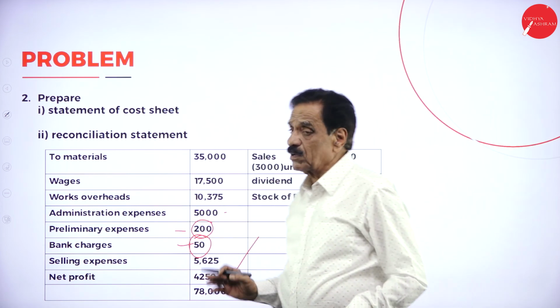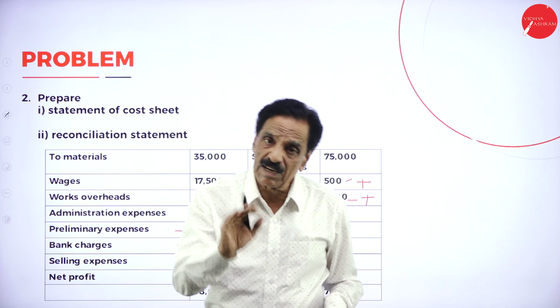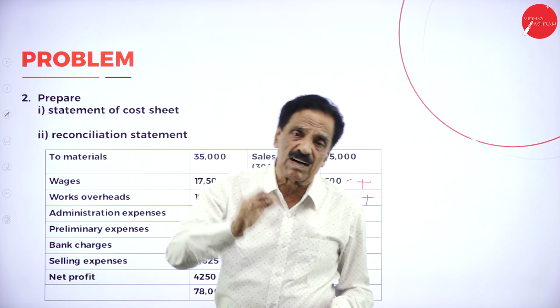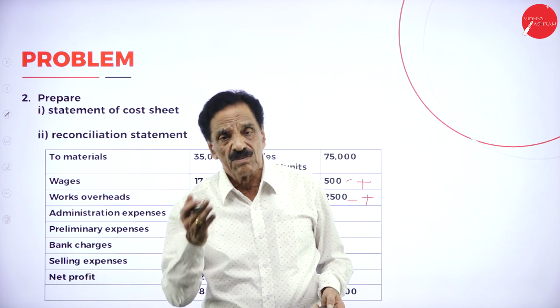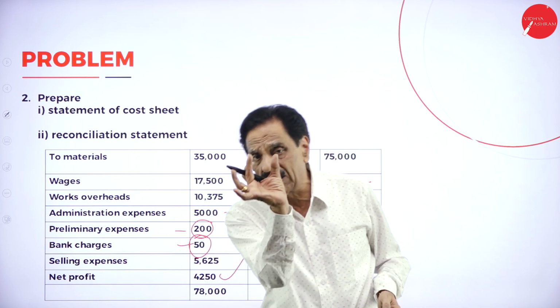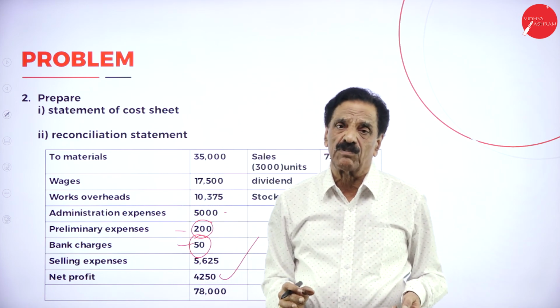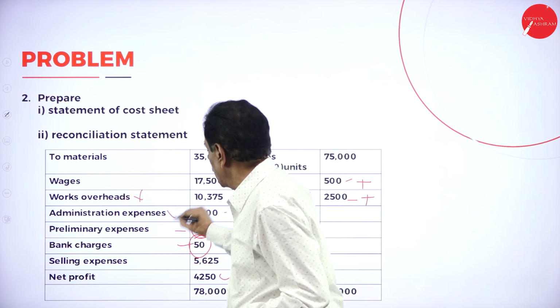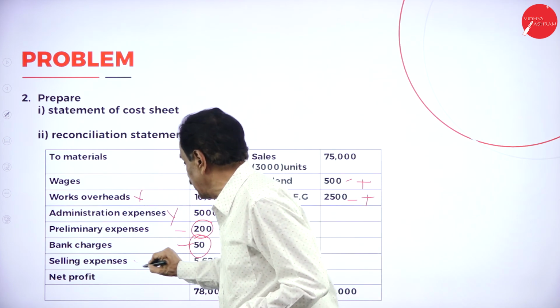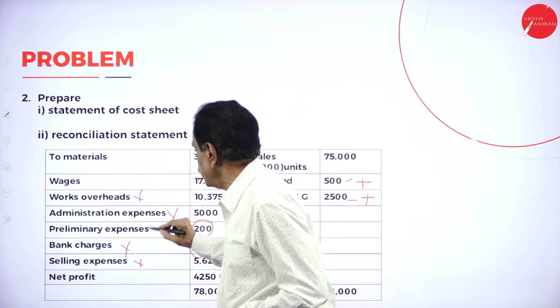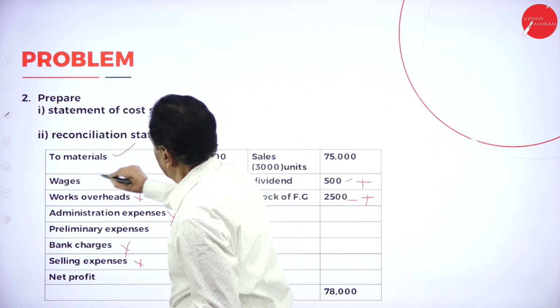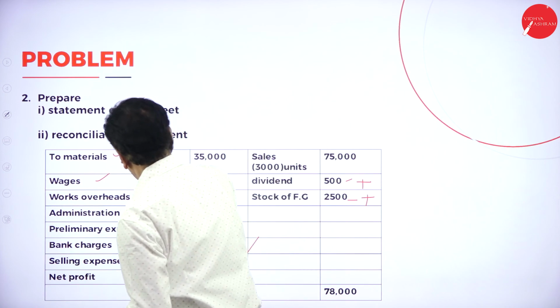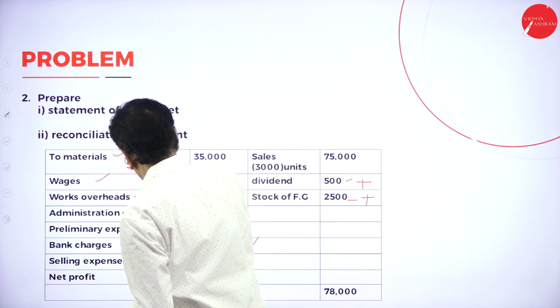Hope we have solved the problem: taking the cost sheet and reconciliation. You have to prepare the cost sheet, then wherever the expenditure comes, you have to work it out. Only the difference will come in works, administration, preliminary expenses and selling expenses. This is the same.